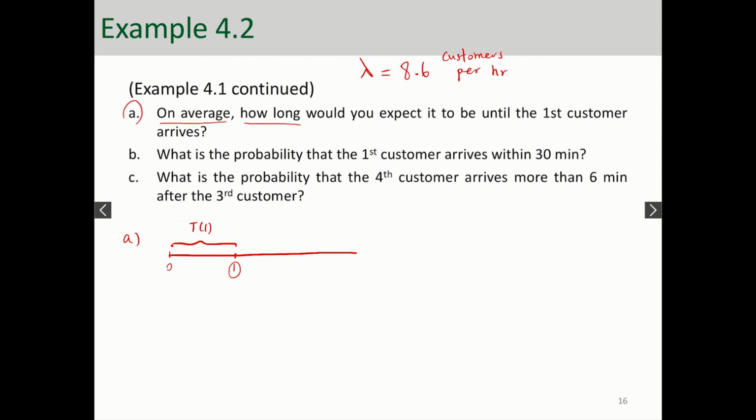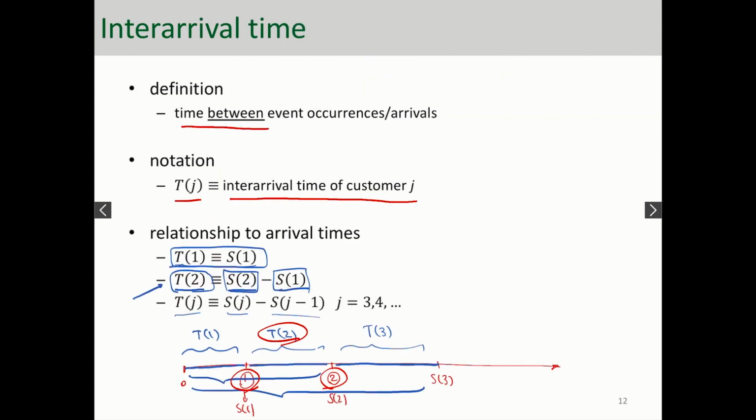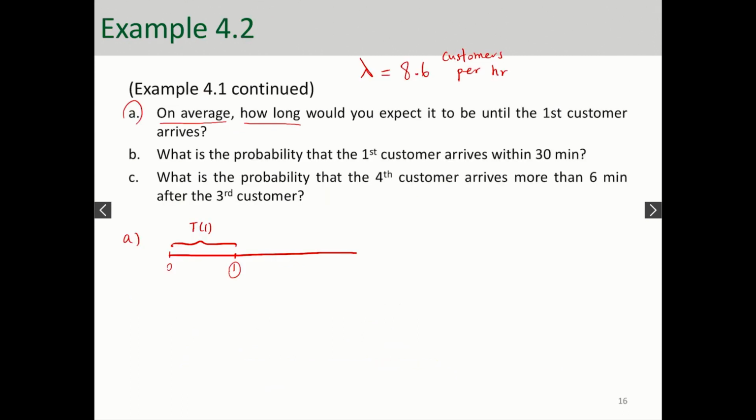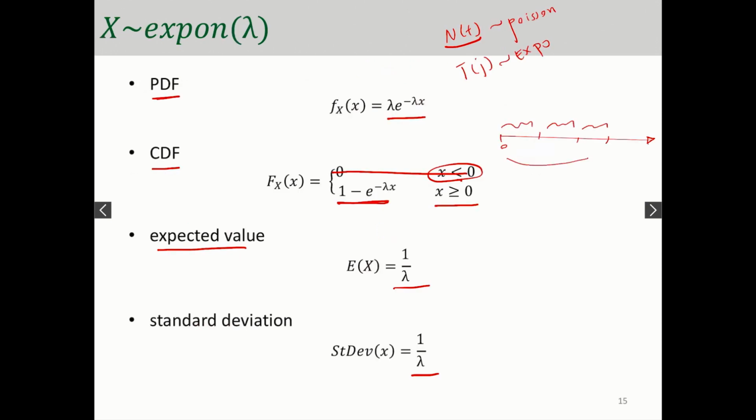If you remember the diagram that we had before, right here, that is T1, and then T2, and then T3. In this problem, it's asking for T1, and it's asking for the expected value of T1. And as you probably know from the previous slide, it's 1 over lambda.